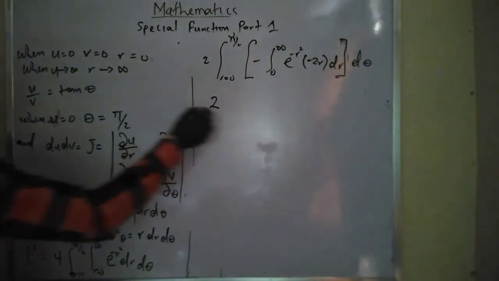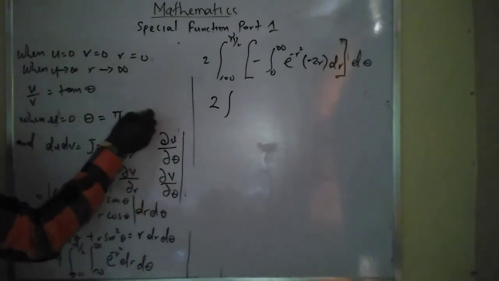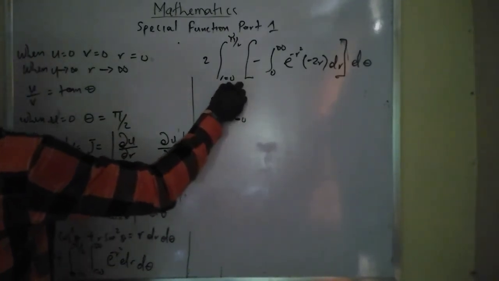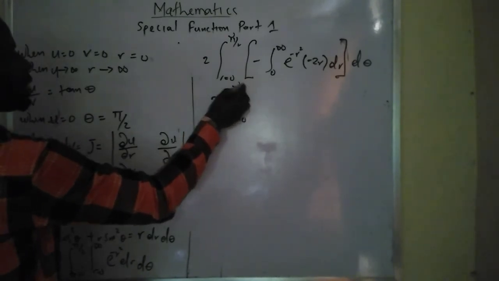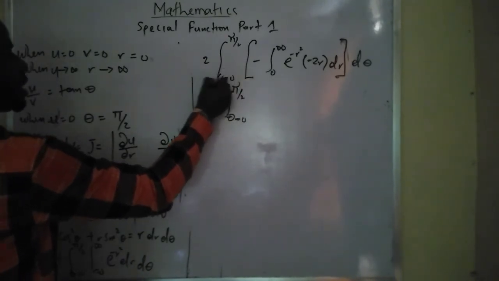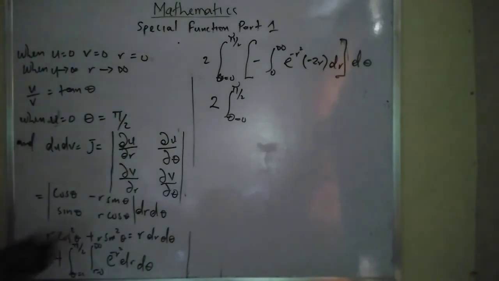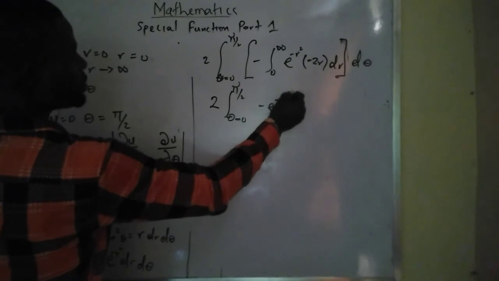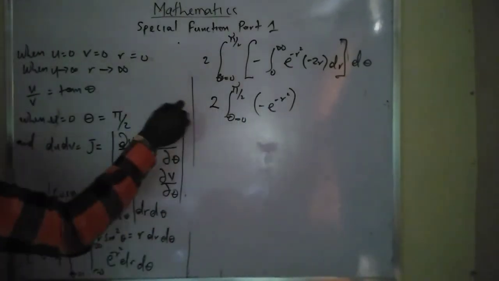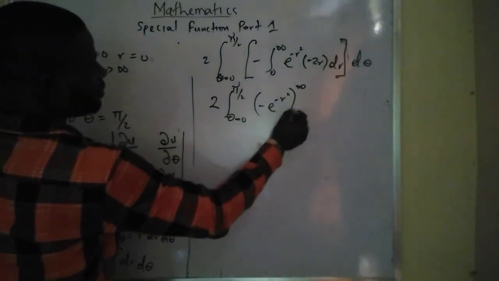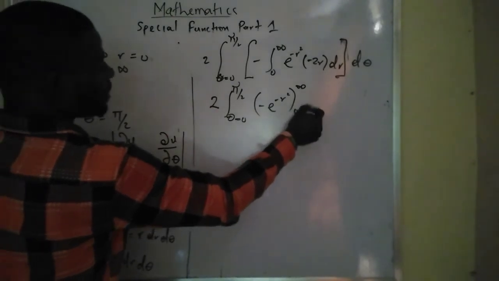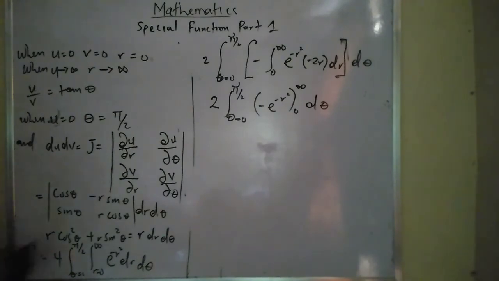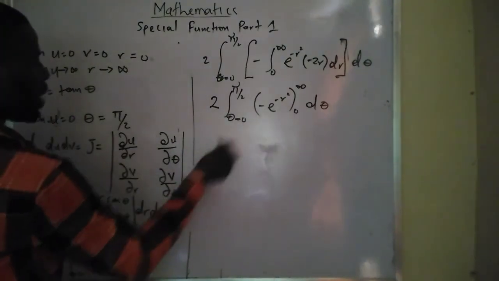Now I have 2 times the integral of theta from 0 to pi over 2 of minus e to the minus r squared from 0 to infinity d theta. This one gives me 1.